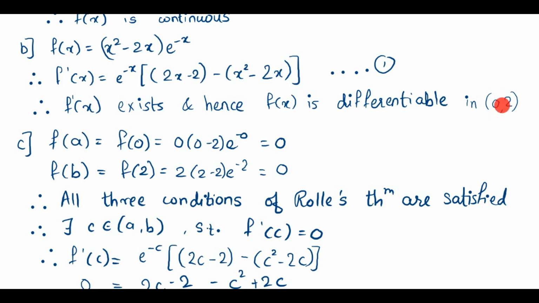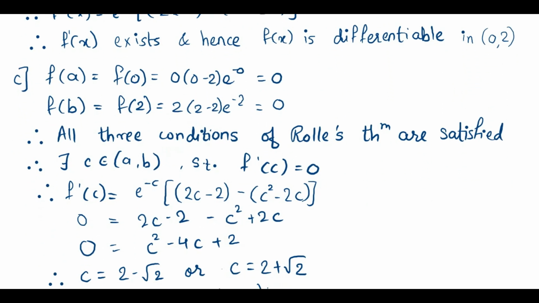All the points in (0, 2) satisfy the equation of f'(x). Therefore f'(x) exists in the interval (0, 2). Hence we can say that f(x) is a differentiable function in the interval (0, 2). So our second condition is also satisfied.